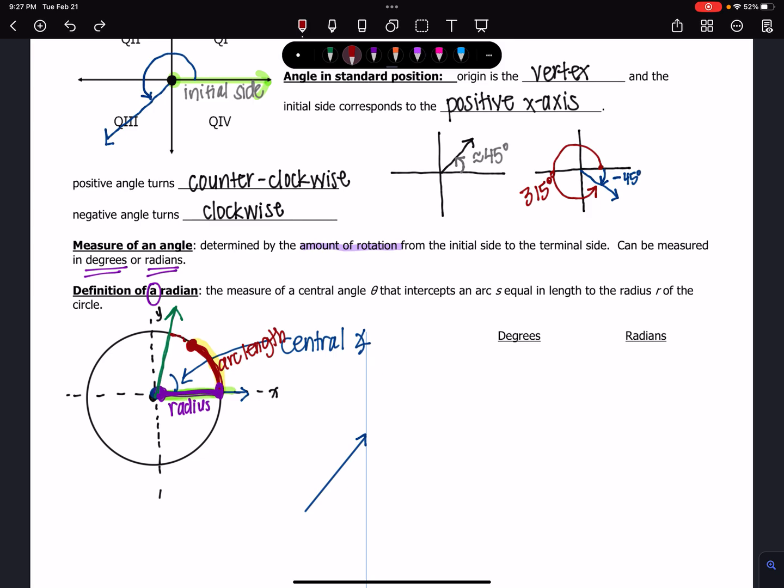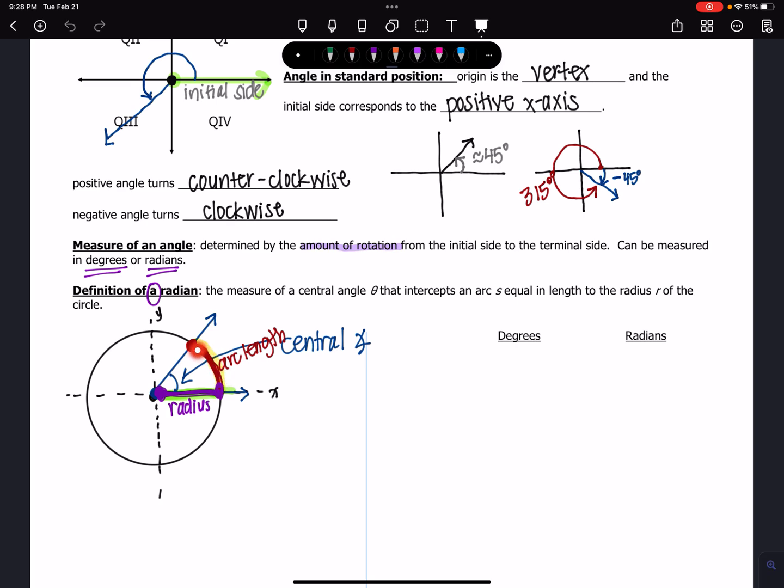So 1 radian is going to lie somewhere in quadrant 1, and it is actually going to lie just shy of the 60-degree mark. That was why it was important for me to draw it the way I did, because it really is just shy of the 60-degree mark.